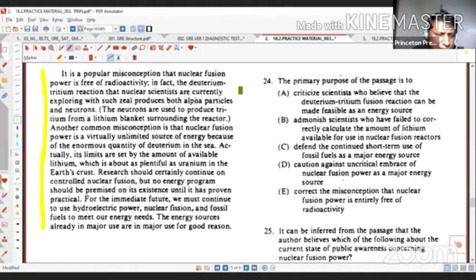For the immediate future, we must continue to use hydroelectric power, nuclear fission, and fossil fuels to meet our energy needs. Here we are using fission now, not fusion. The energy sources already in major use are in major use for good reason.